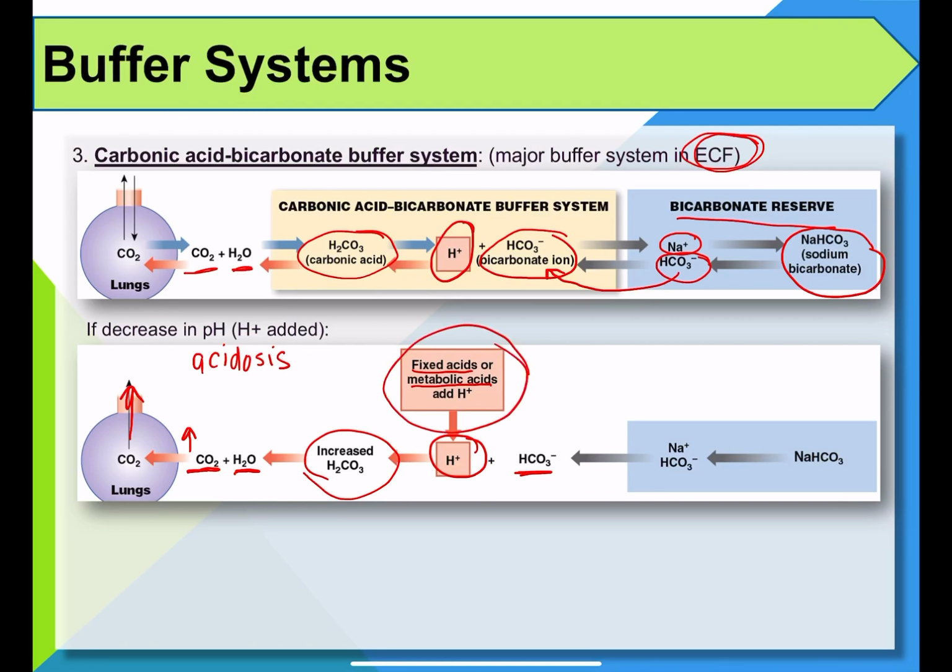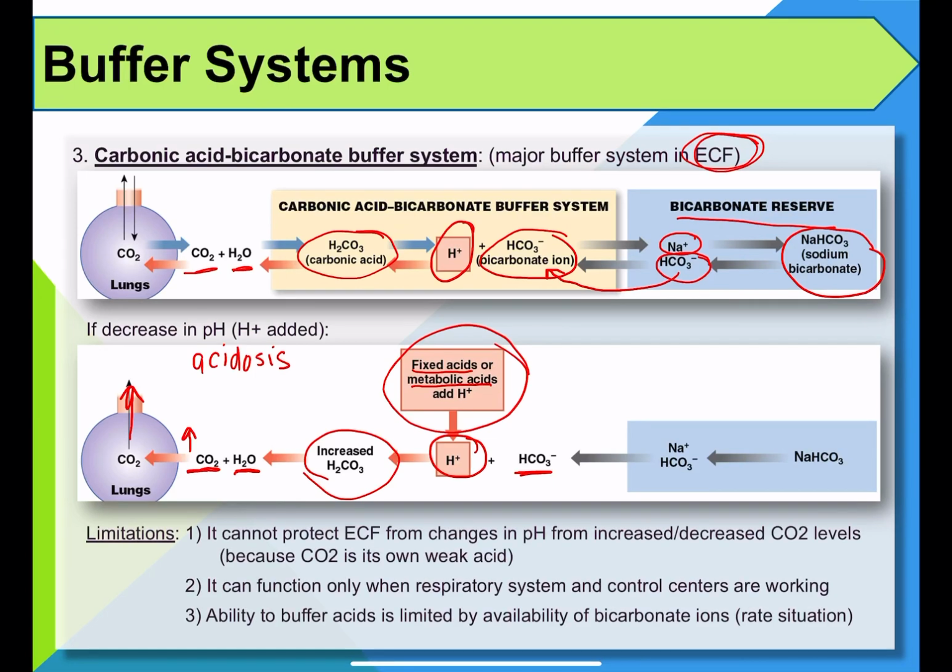Now, there are limitations of this buffer system. The first limitation is that it cannot protect the ECF from changes in pH from increased or decreased CO2 levels, which is why here they didn't mention volatile acid, okay?